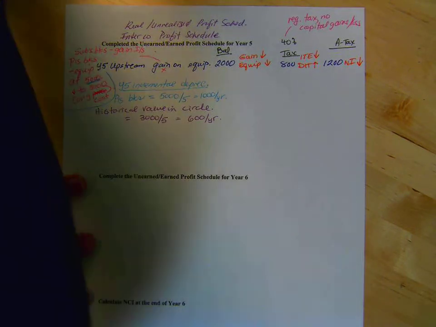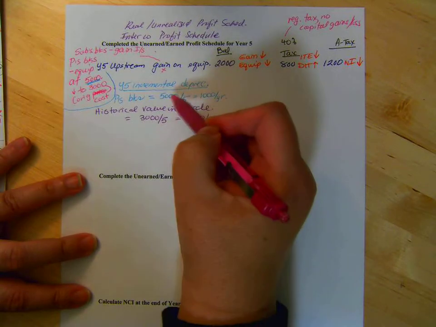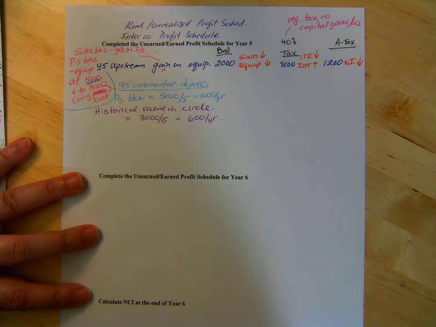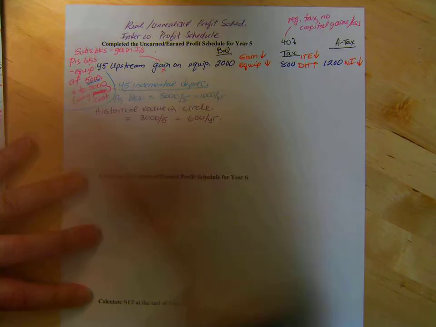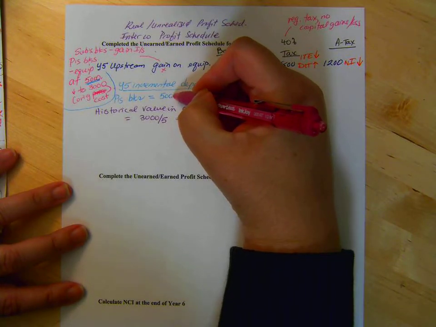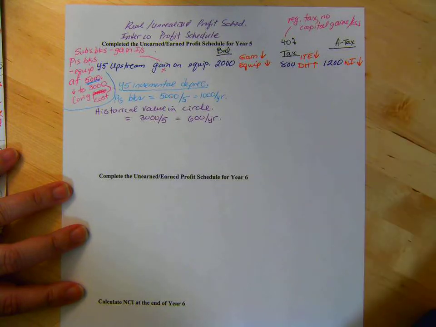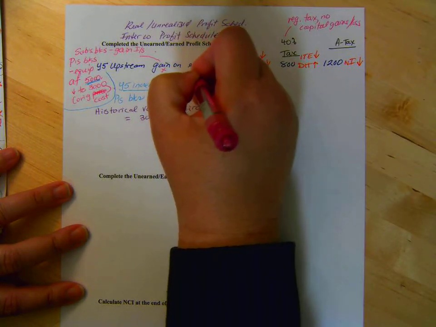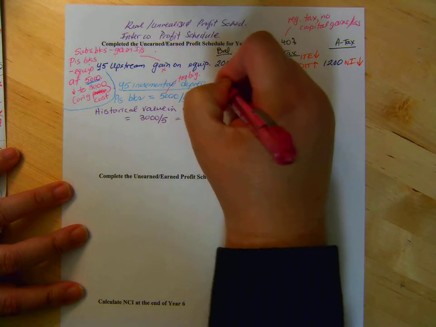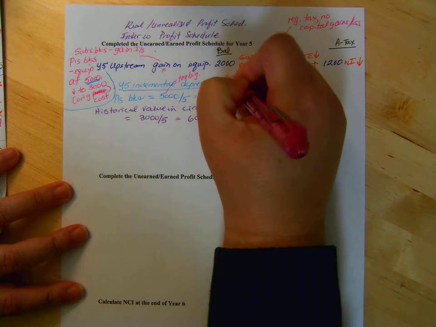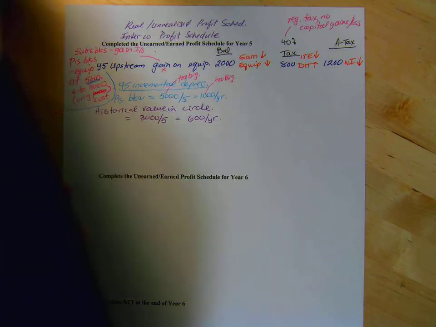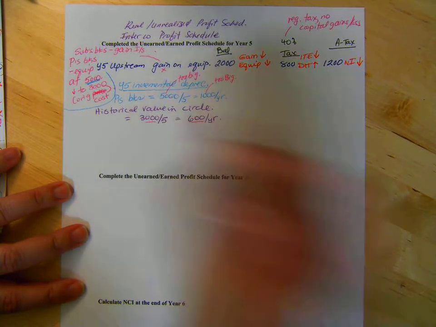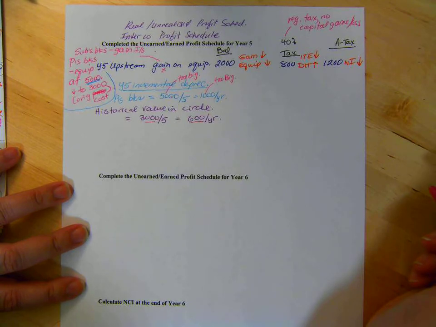So, is this $1,000 a year too big or too small? Well, is this 5,000 too big or too small for consolidation? It's too big, right? That means this is too big. Instead, it should be 600 a year.